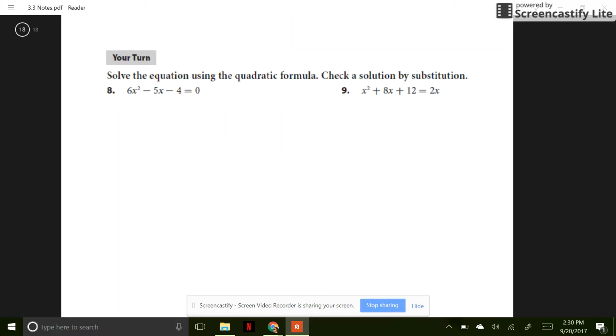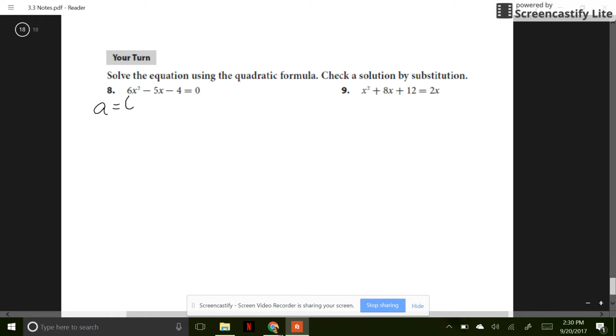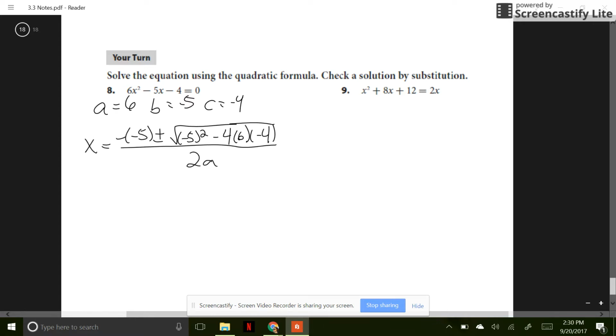All right, 2 more quick examples. So we're already set equal to 0, so we can just plug it in. a is 6, b is negative 5, c is negative 4. So x equals negative b plus or minus square root b squared minus 4ac all over 2a.